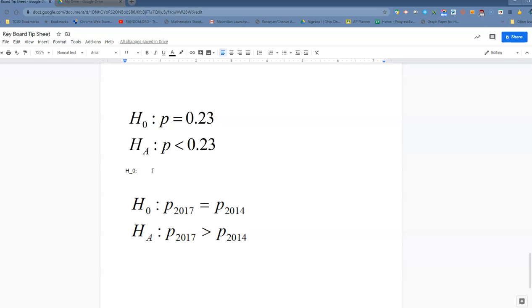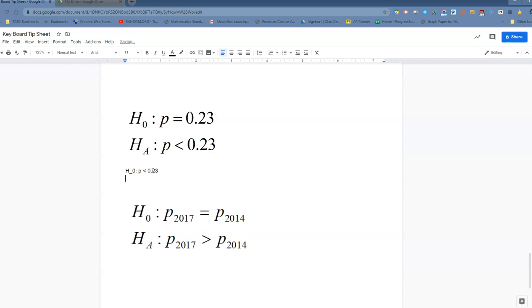And then the alternative is the proportion of all jelly beans that are green is less than 0.23, right? Or again, this is actually pretty easy because typing in a P is very simple. And then the alternative would be H underscore A for H sub A, P is less than. Actually, I have a little typo there. I'm trying to go too fast. Equal sign there for the 0.23. Even ones for looking at a difference between proportions.